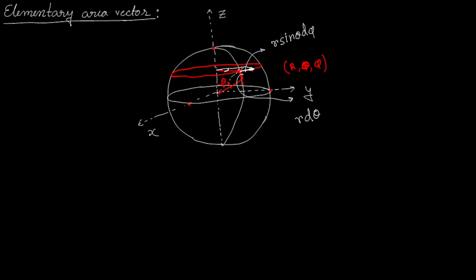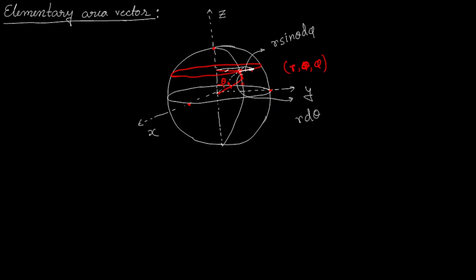And just for completeness at this moment, write this radius of the sphere, not capital R, let's consider it smaller. Radius of the sphere is smaller, and then we have considered one point on the sphere whose coordinate is r theta phi.